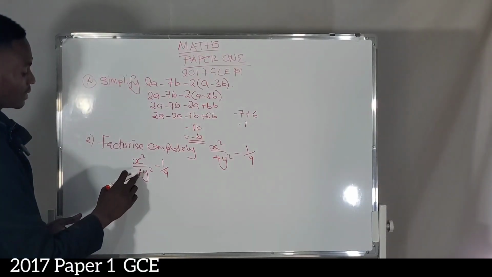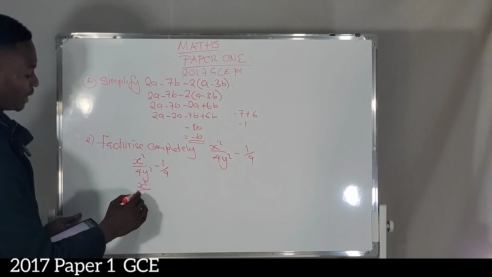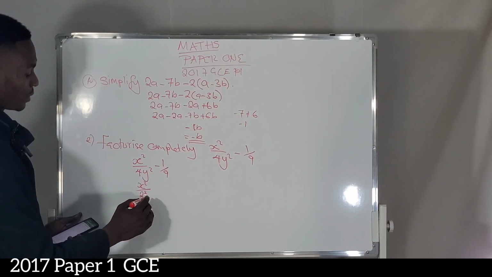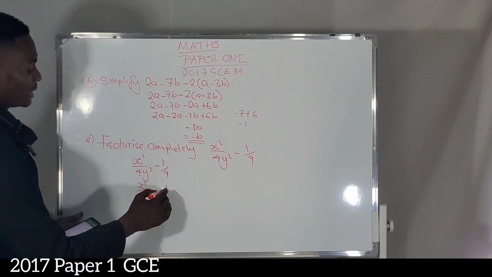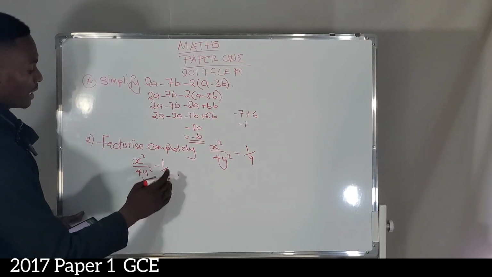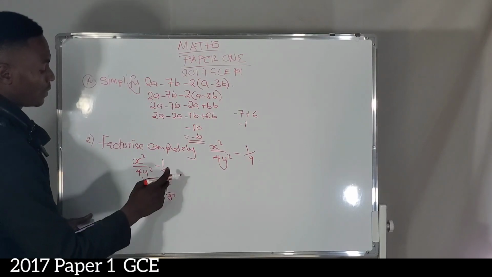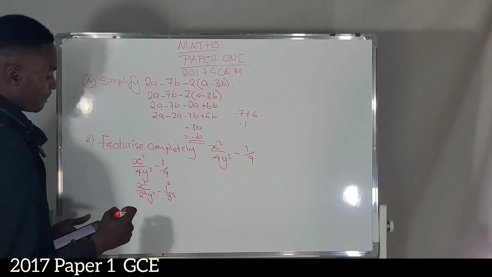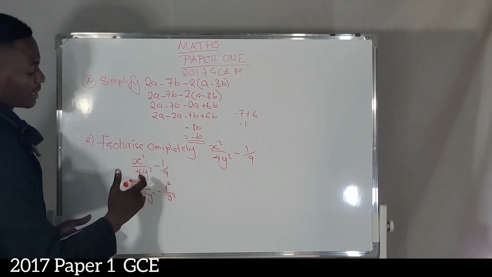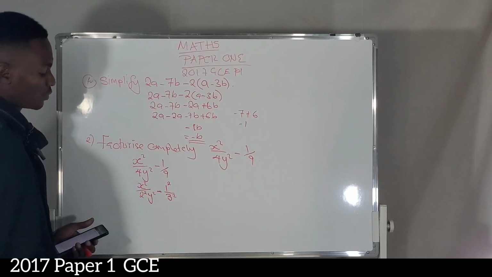If you check here, this 4 can be written as 2 to the power 2, and this is y to the power 2, minus, this 1 is the same as 1 to the power 2. This 9 can be written as 3 to the power 2. This is the square of 3. Okay, now we have everything squared and they're separated by a minus sign, which is the difference of two squares.